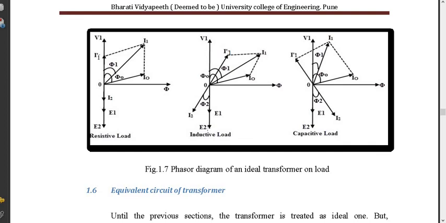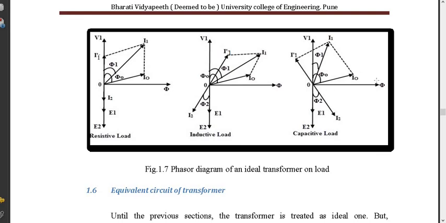Lag and lead are always in the anti-clockwise sense. So whenever I say something is lagging, or leading, it has to be in the anti-clockwise sense. So you can say in the anti-clockwise sense, the current is behind the voltage. Now exactly of the same magnitude but in the opposite direction, we will have I1 dash, and I1 dash plus I0 is going to give you I1.